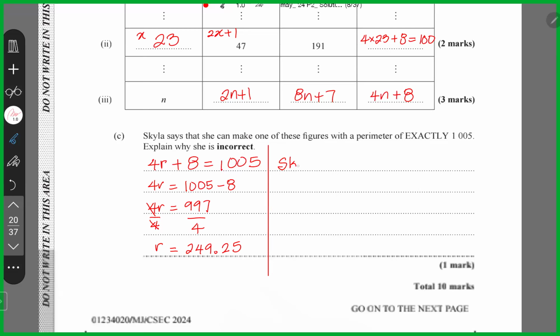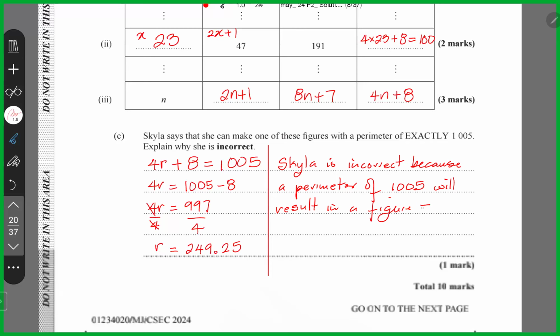Skylar is incorrect because a perimeter of 1005 will result in a figure number that is not a positive integer. Therefore, Skylar is incorrect.